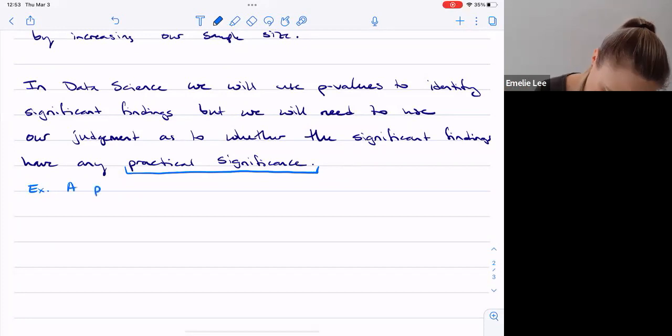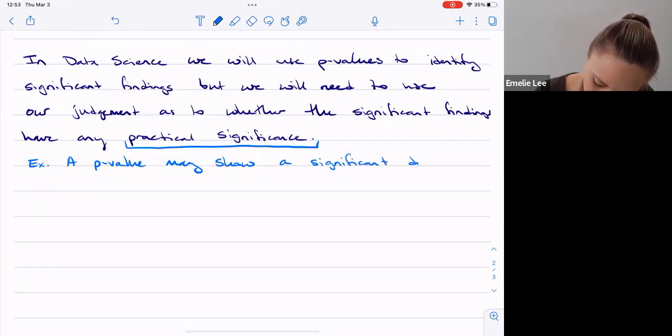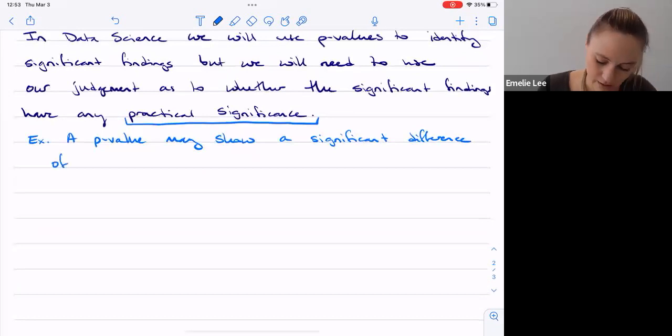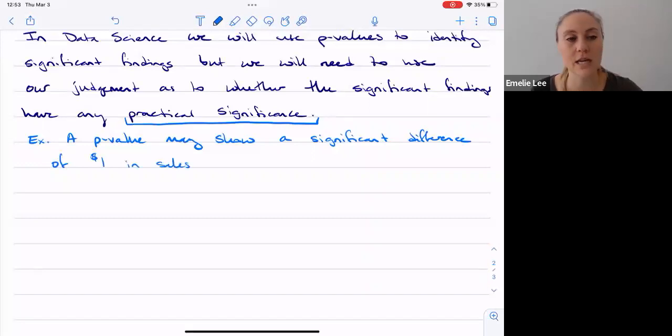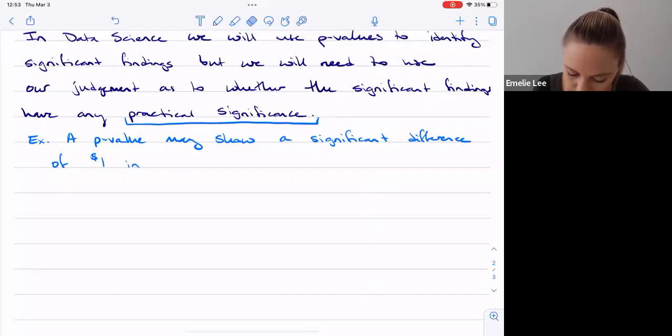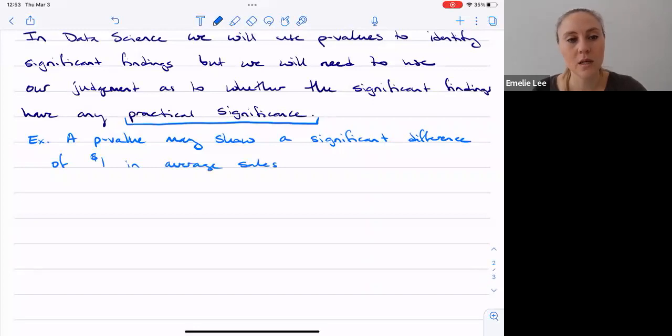So a p-value may show a significant difference of, let's say, $1 in average sales, right?